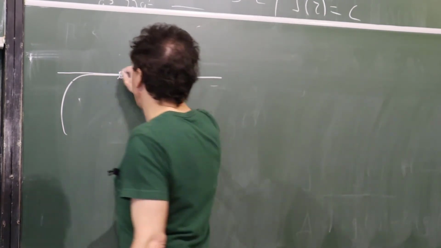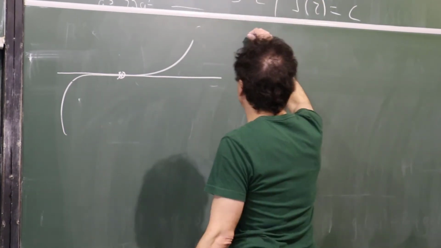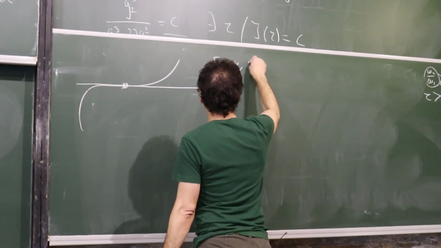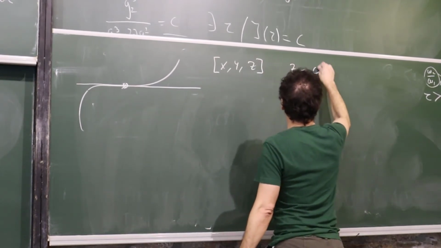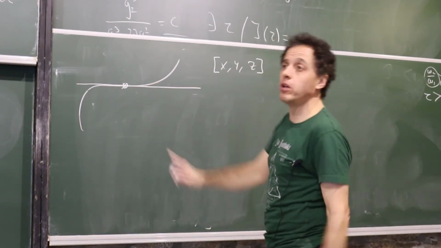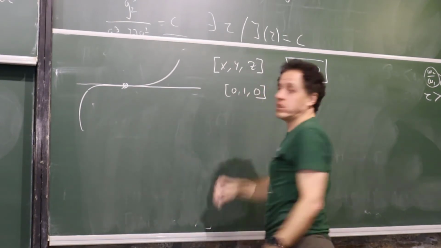So you take one of these flex points and you send it to infinity. If you take projective coordinates x, y, and z, where z equal to 0 is the line at infinity, you take this point to infinity, to the point 0, 1, 0.